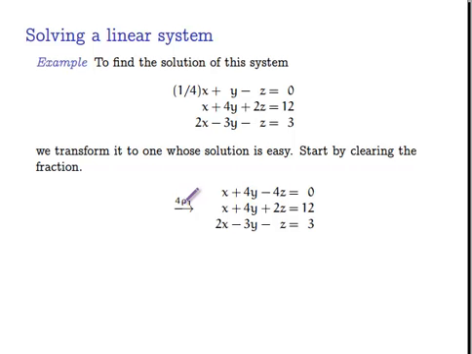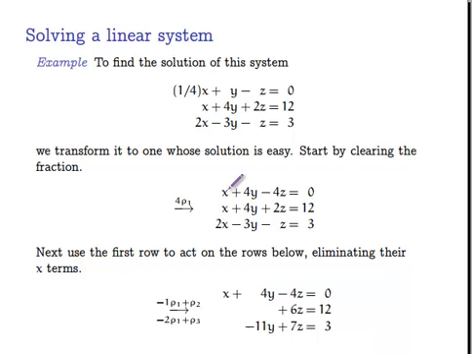For row 1, this is the Greek letter rho here. This means I multiply the row 1 by 4. Okay, no pun intended. This row stands for the first row. Okay. If I multiply the first row by 4, I get 1x plus 4y minus 4z equals 0. And the other two equations are not changed at this point.